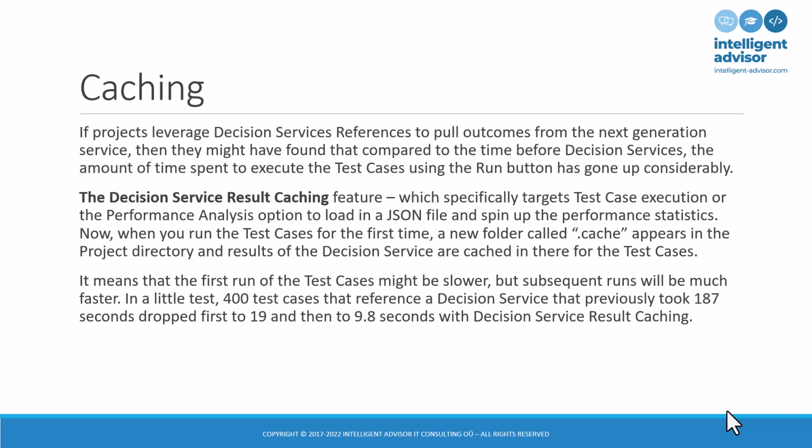But if none of those change and you're simply rerunning the same tests with the same values, then it will use the cached values. This is stored locally on your PC, and I'll show you where in just a moment.